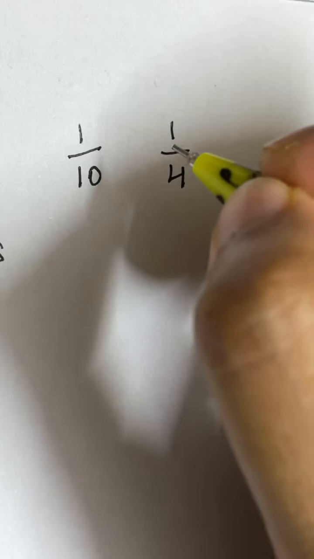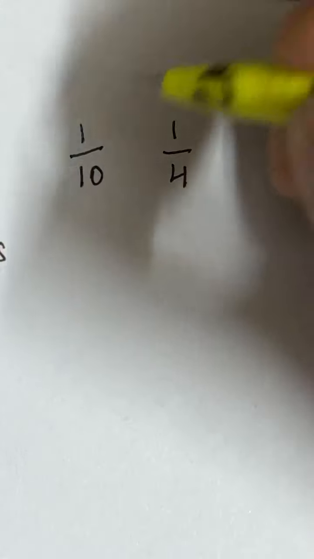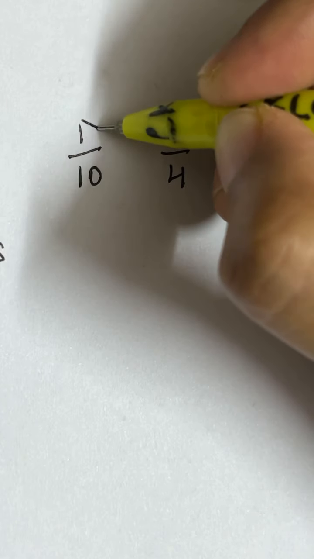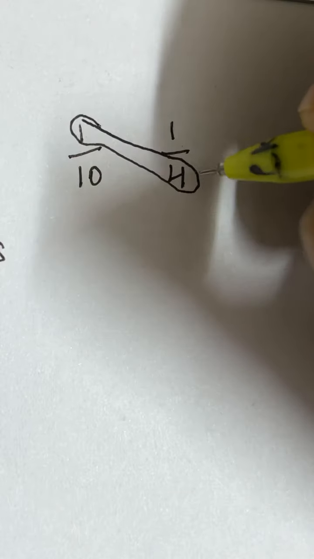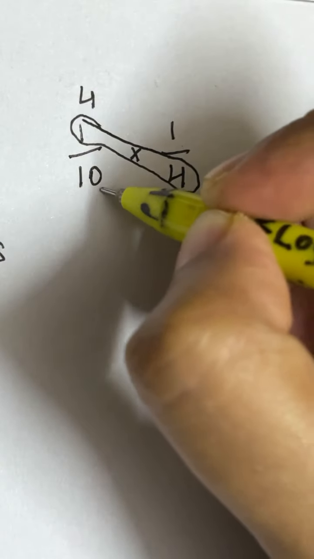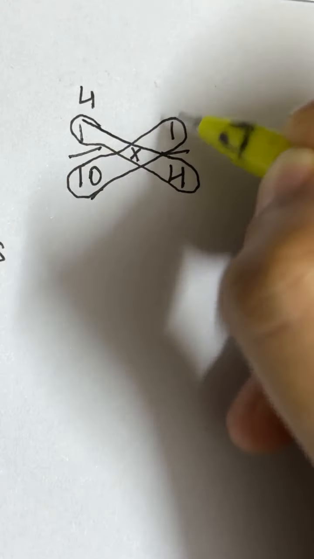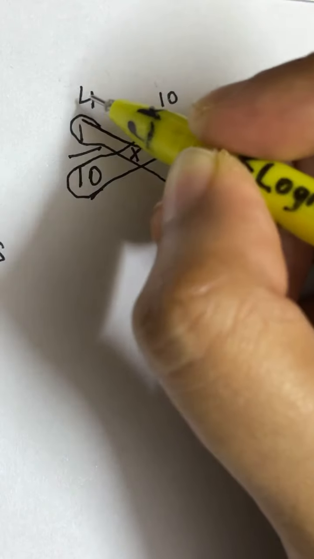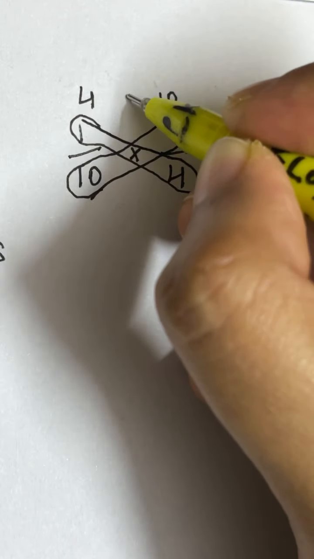But this is the method which I'm going to show you, called the butterfly method. In this, we just bubble up the first two numbers, that means 1 and 4, and we multiply them. 1 times 4 gives us 4, and then we multiply 1 times 10, which is 10. Now we compare the two numbers which we have got. 4 is lesser than 10.